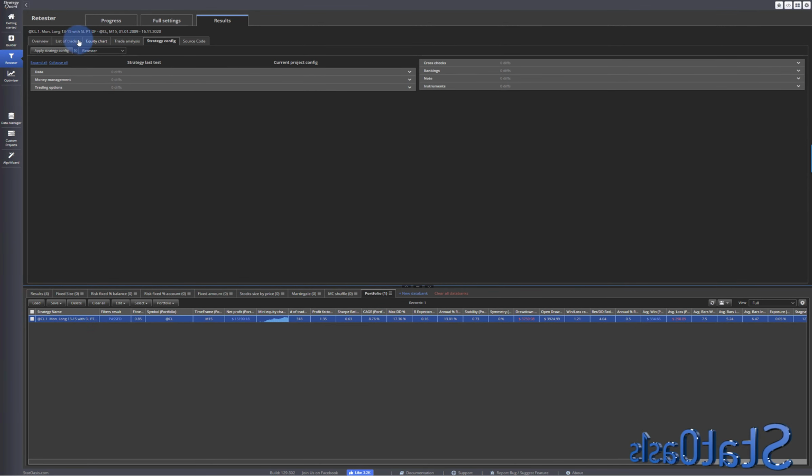Let's see. So let's pick something easy. So this is long, 12 to 66. We made 54 cents. So that's $540 minus $5. That's 435. And then 1 tick is $10.